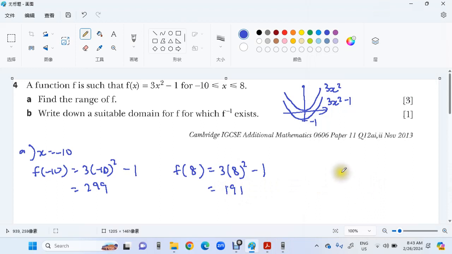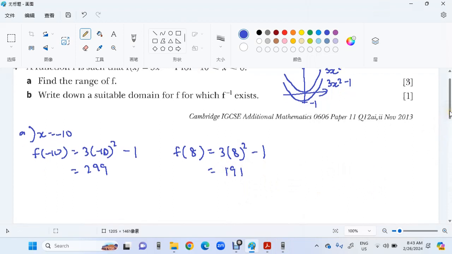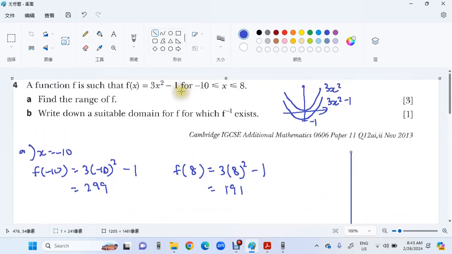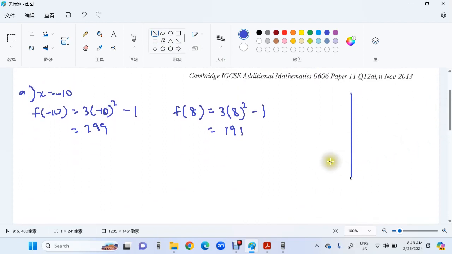So the graph from negative 10 to 8 will be something like this. When x equals 0, y equals negative 1.